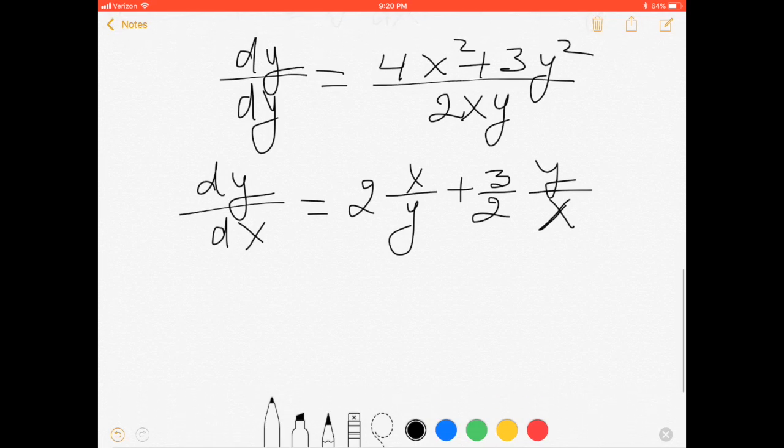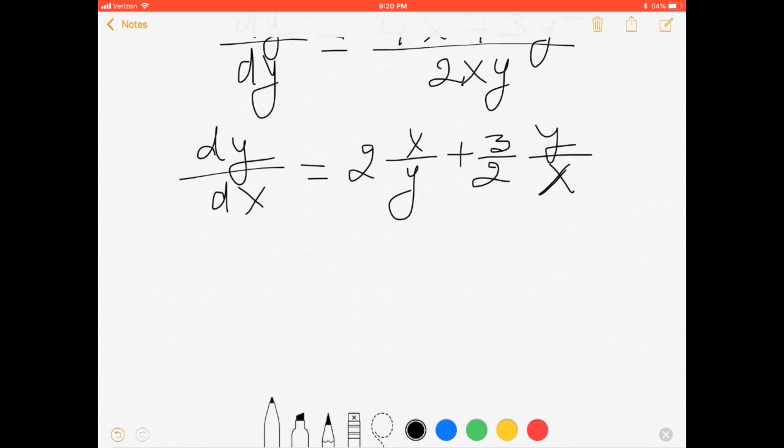I think we're ready for a substitution too. Here this fraction, I think it's y over x. If you substitute with some variable v, a new function, it means y over x will be v.